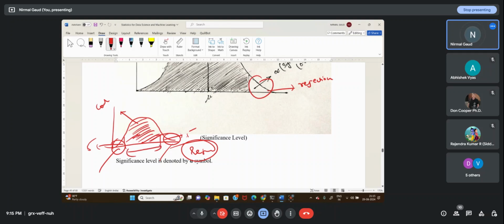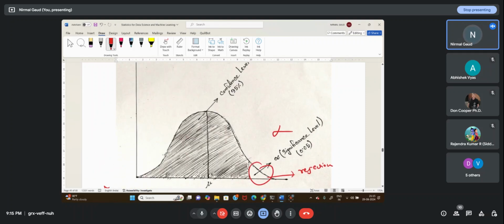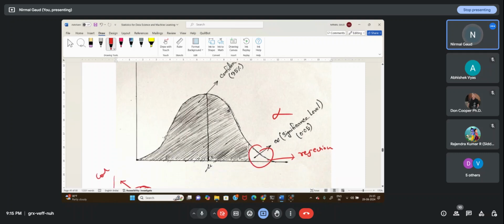That's what it said, interval. And this is confidence. This is the region where I'm saying I'm confident. And here there is a chance that I may fail. That's called the significance level, 5% chance that I may fail.